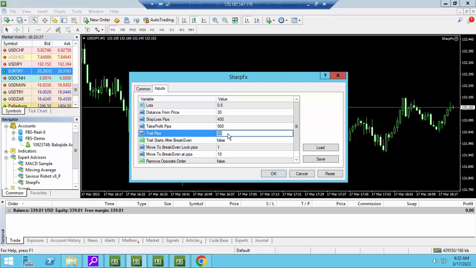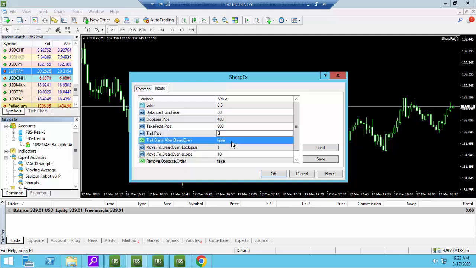We'll make this one 5. Why? Because we want the market to be trailed by 5, that is 0.5 pips, so 5 micro pips. Immediately it goes like that, it enters and starts following it up. Then it says trade start after break even. We want the trade to start immediately.